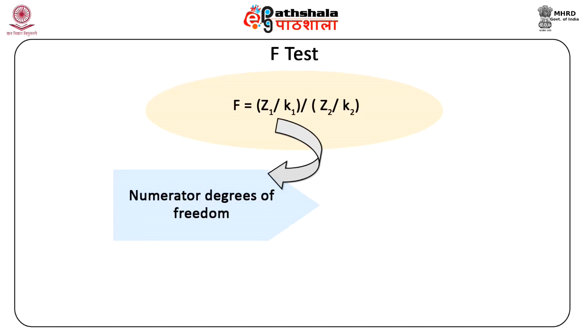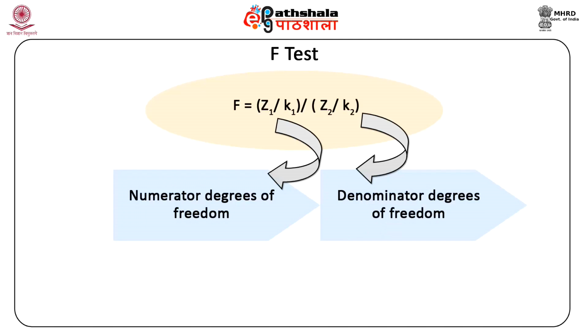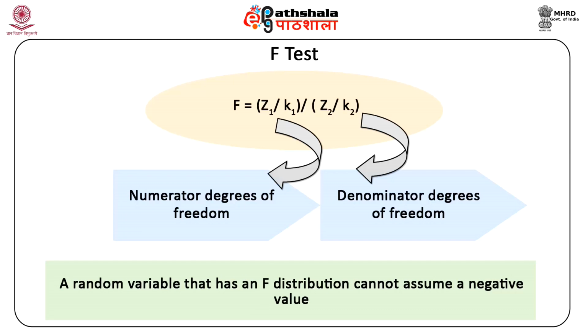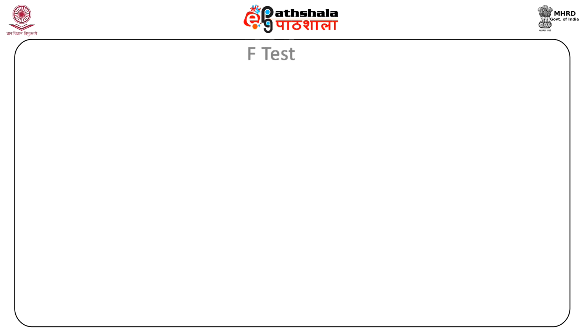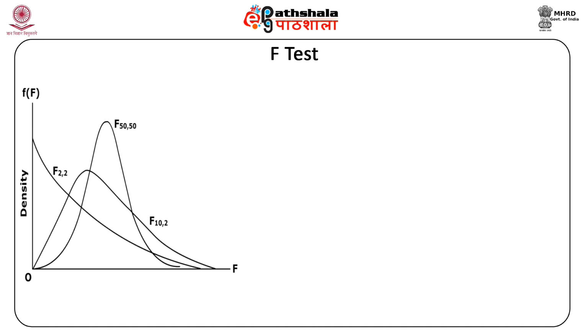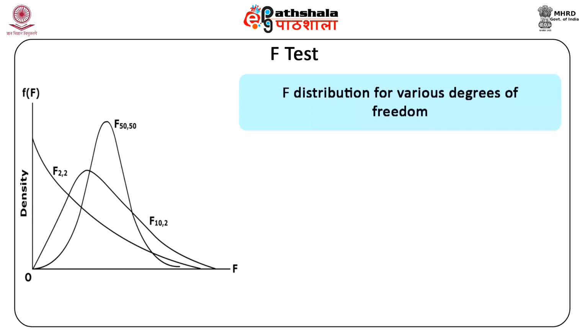K1 is the numerator degrees of freedom, k2 is the denominator degrees of freedom. K1 and k2 are positive integers. A random variable that has an F distribution cannot assume a negative value. The F distribution has been depicted in the figure. In the diagram, the F distribution for various degrees of freedom has been shown.